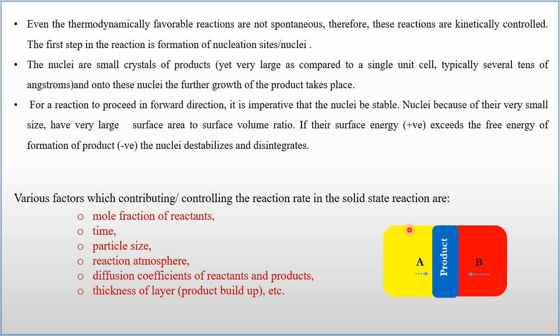So in that case, you have to be mindful of the time which you have to give for your reaction to take place or to complete, and it may be required that you grind this material again in between the reaction, so that the product buildup layer is removed and fresh interfaces between A and B, which are the reactants, are formed and the reaction can then take place.